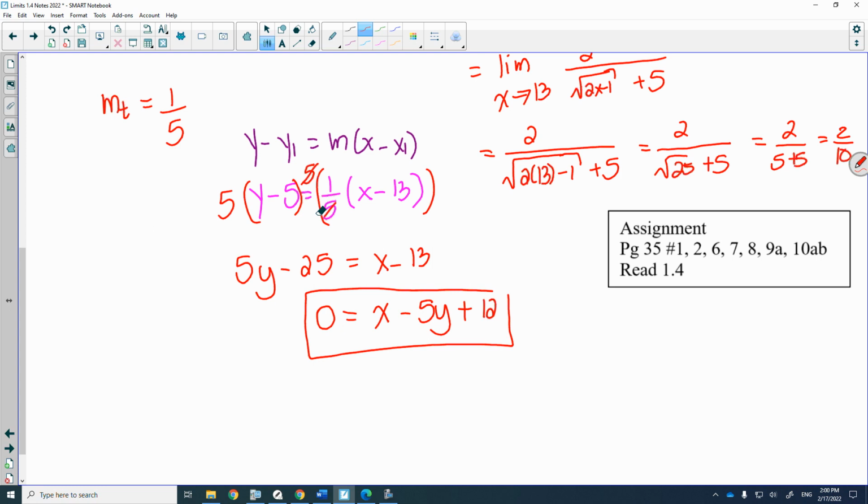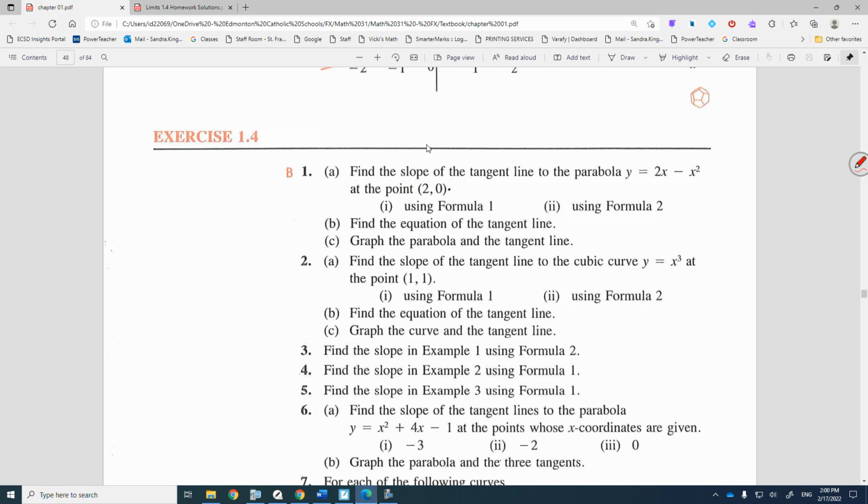This is going to be the entire assignment that you're going to be doing on lesson 1.4. And before you do the second formula, I would recommend doing some of these questions. So I'll show you what the textbook is going to look like. It's going to give you a question. So question number 1 I assigned, question number 2 I assigned, and it says find the slope of the tangent line to this curve here at this point, right?